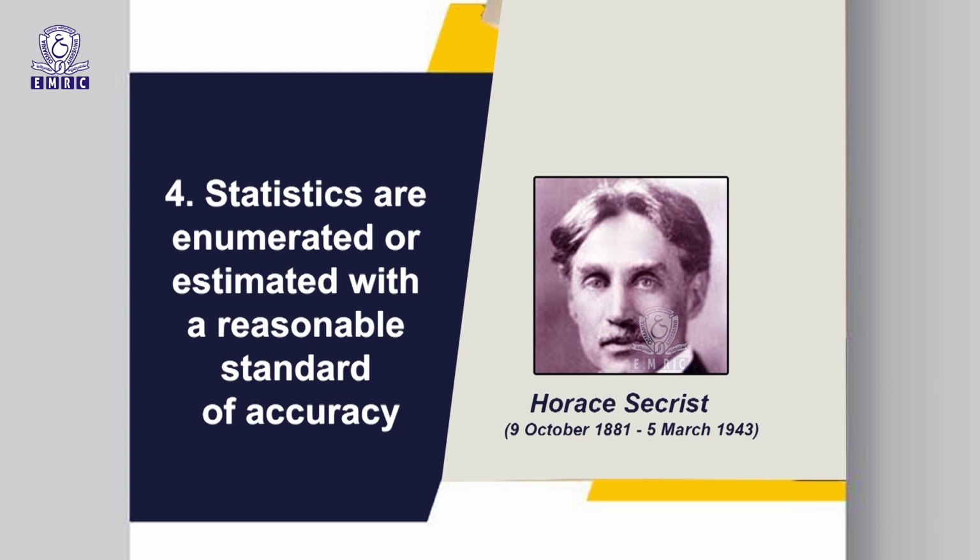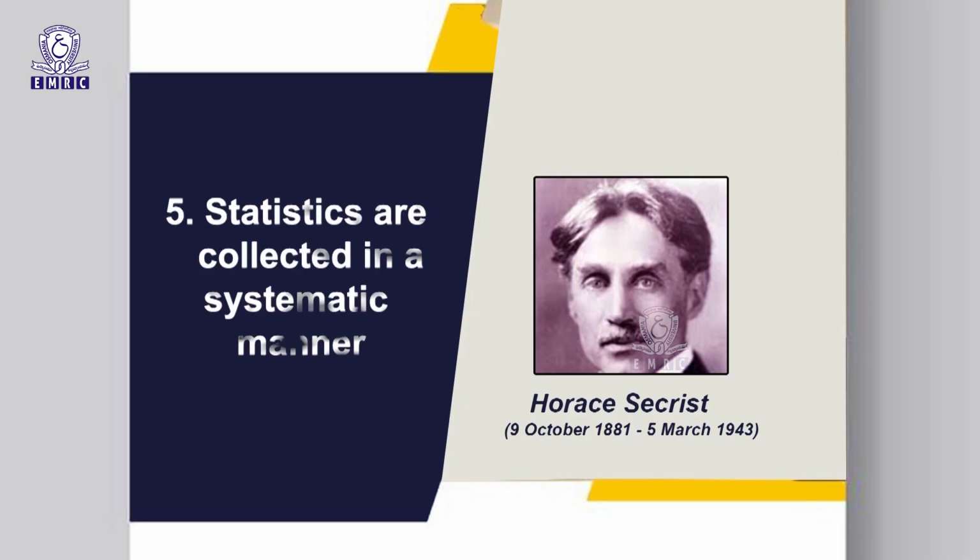Fourth, statistics are enumerated or estimated with a reasonable standard of accuracy, which means while enumerating or estimating data, a reasonable degree of accuracy must be achieved. Fifth, statistics are collected in a systematic manner, which means data should be collected by proper planning by utilizing tools developed by trained personnel.